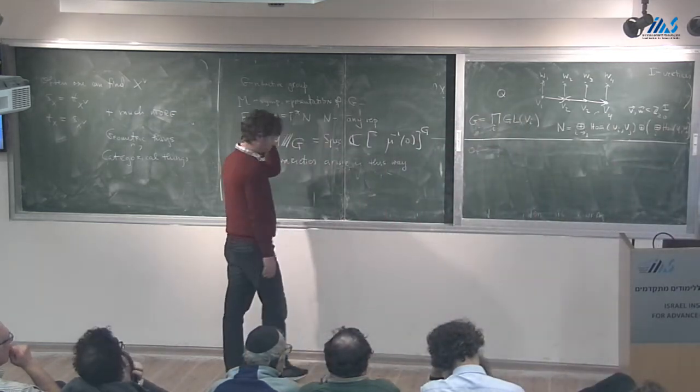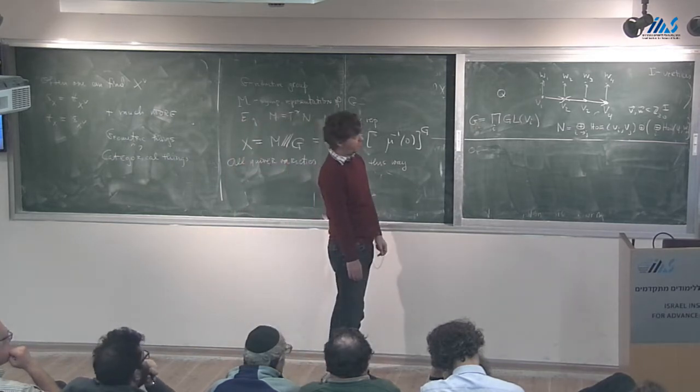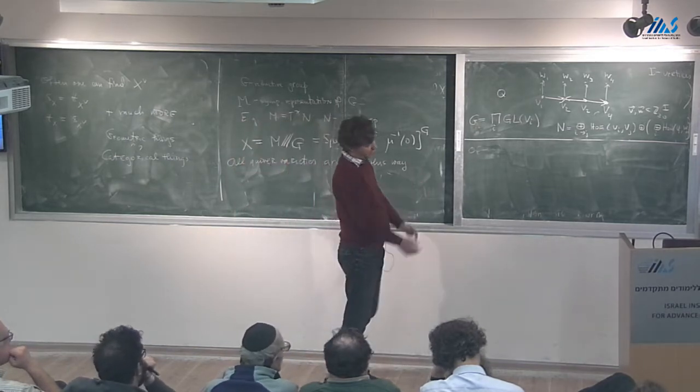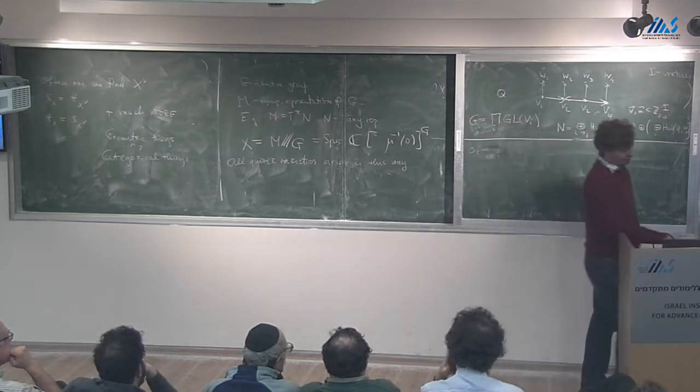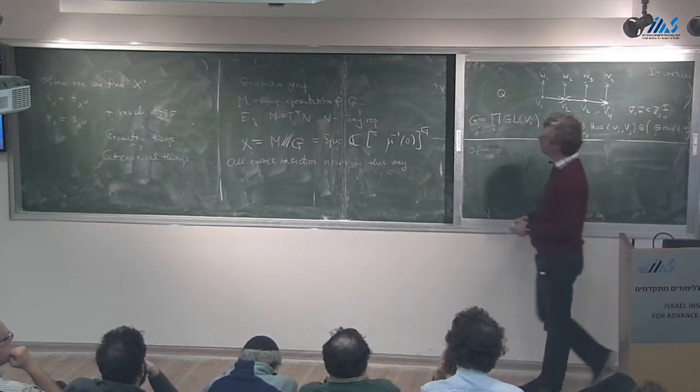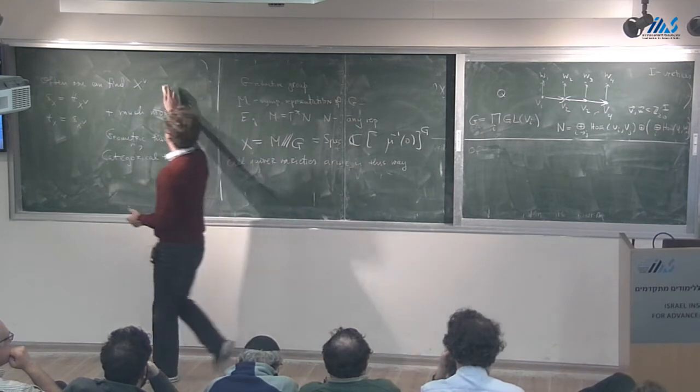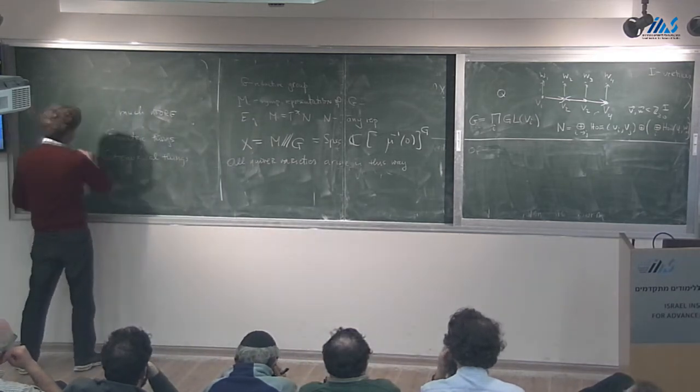I'm not going to say what S and T are in this case, but I'm going to tell you an example of what will be a symplectic dual for quivers of finite type.